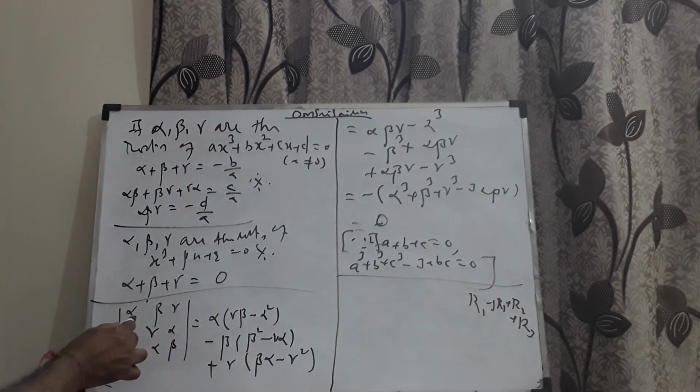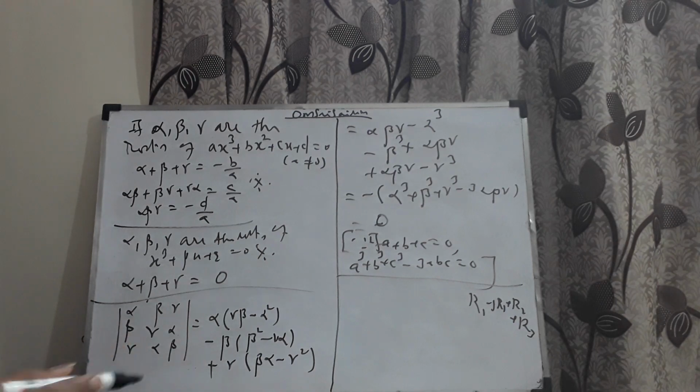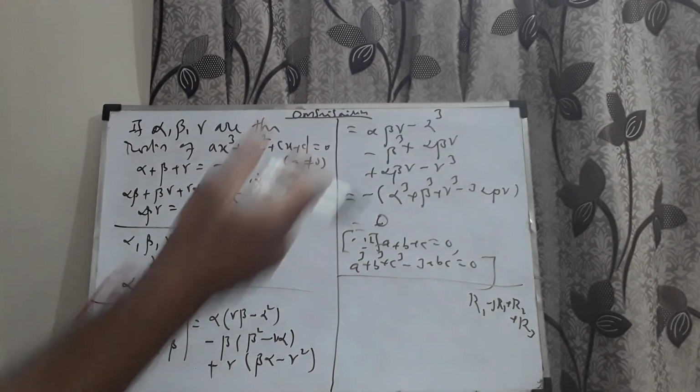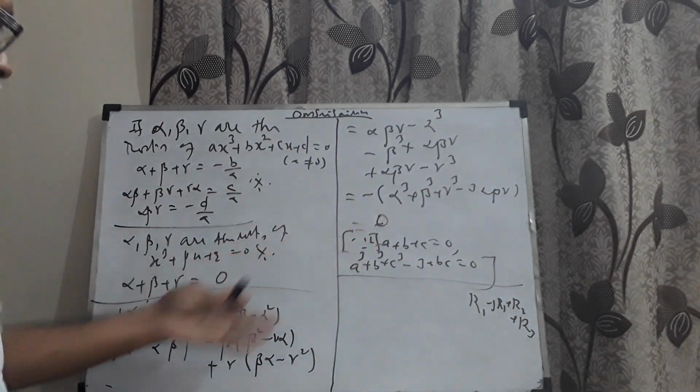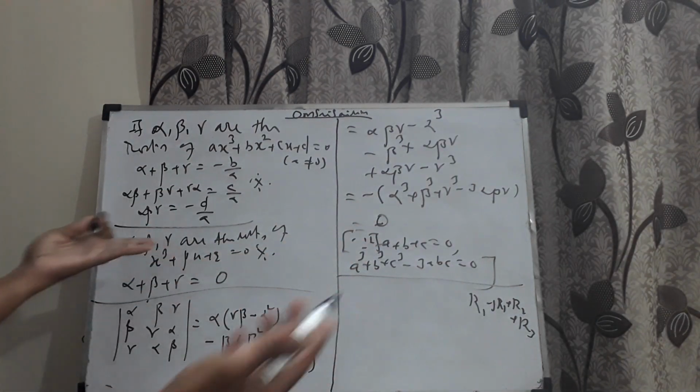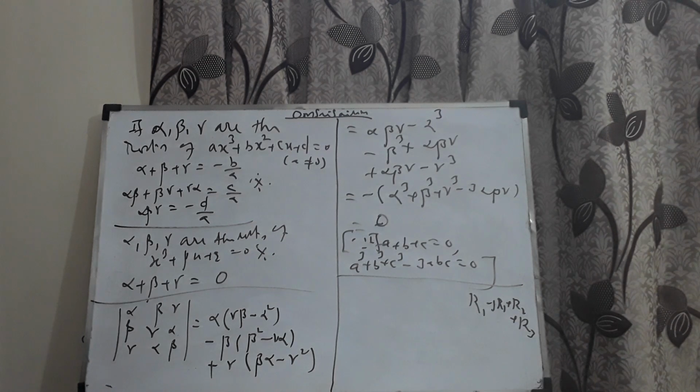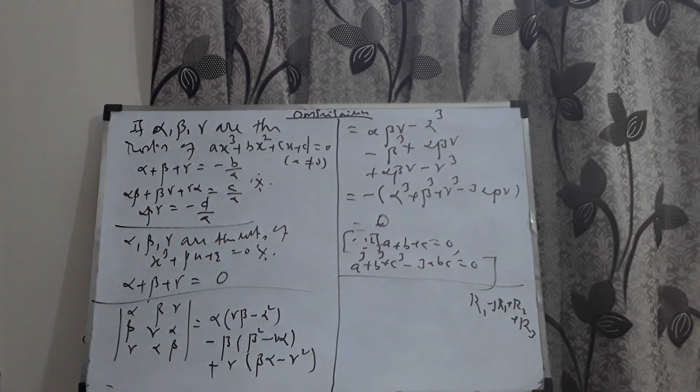I'll get alpha plus beta plus gamma, alpha plus beta plus gamma, alpha plus beta plus gamma as row 1. Take alpha plus beta plus gamma as common from row 1. Since alpha plus beta plus gamma is 0, as we have seen just now, 0 into any quantity is 0. That's an easier way to do, but unfortunately properties of determinants are not in your syllabus.